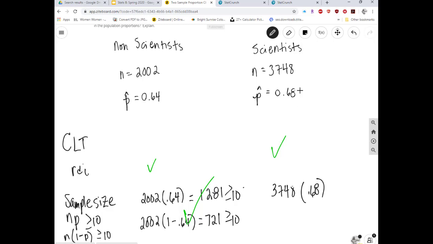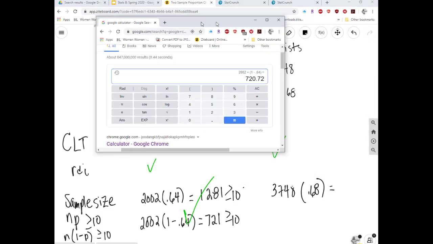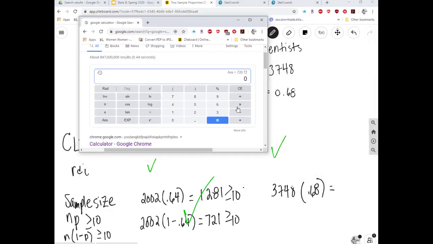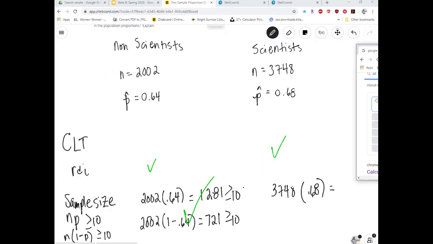Why 0.68? Because this has a different proportion. So let's figure this out. I'm going to bring over my calculator, clear this out, make sure that I hit everything correctly. 3,748 multiplied by 0.68, and I'm going to get 2,549.